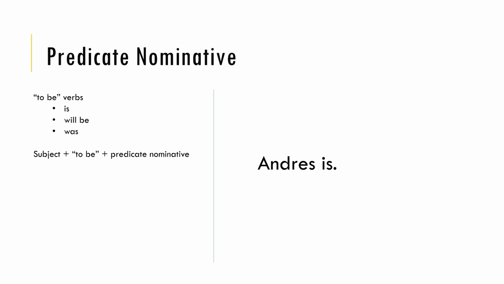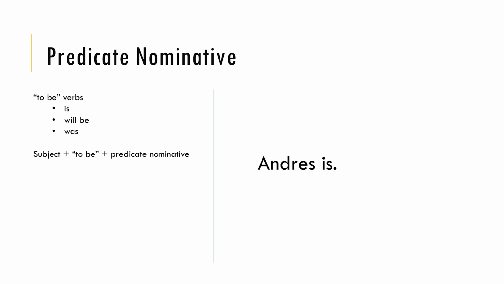And because there's no action, Andres isn't doing anything to anything or anyone else, you're not going to have a direct object here. What ends up happening is you have a subject, and then you have a to be word, and you can add, if you want, a predicate nominative.